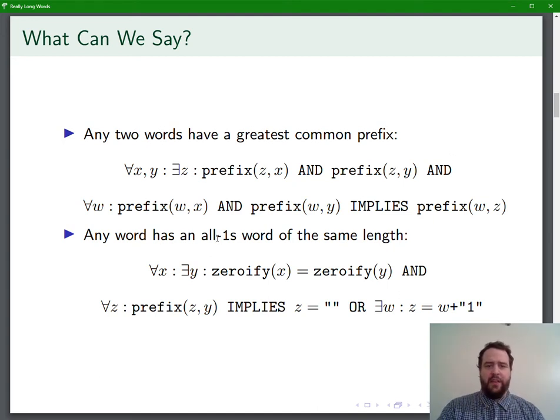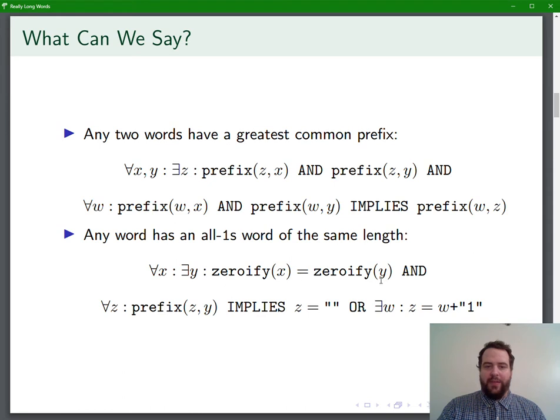Any word has an all ones word of the same length, so a word where all of the characters are one, that's the same length. So here, again, we're using this trick with zeroify to say that two words are the same length. So, for any word x, there's going to be a word y. That's our all ones version, our oneified version of x.